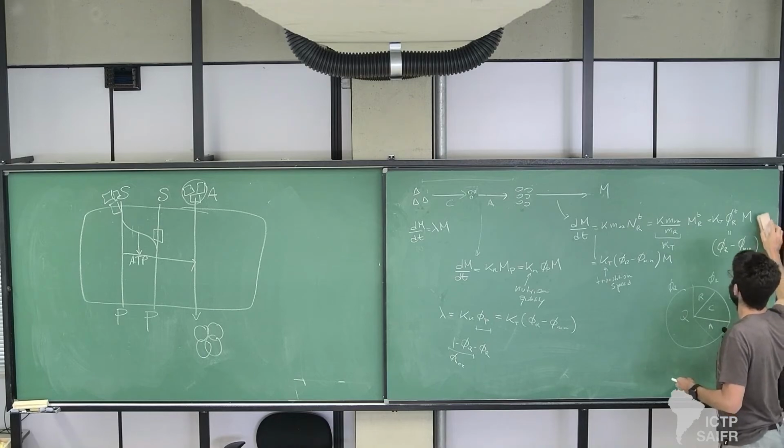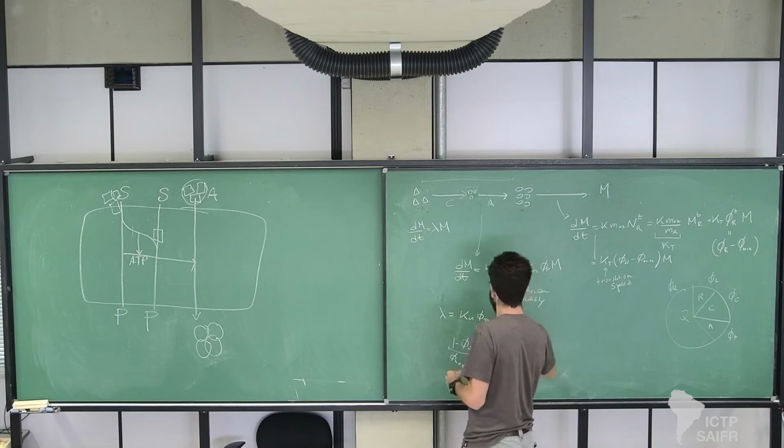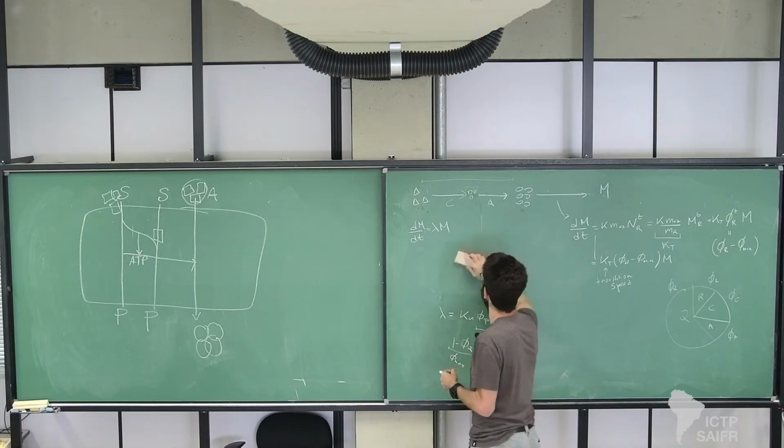So the ribosomal part still holds, but I can write the two parts for the anabolic and catabolic sector.